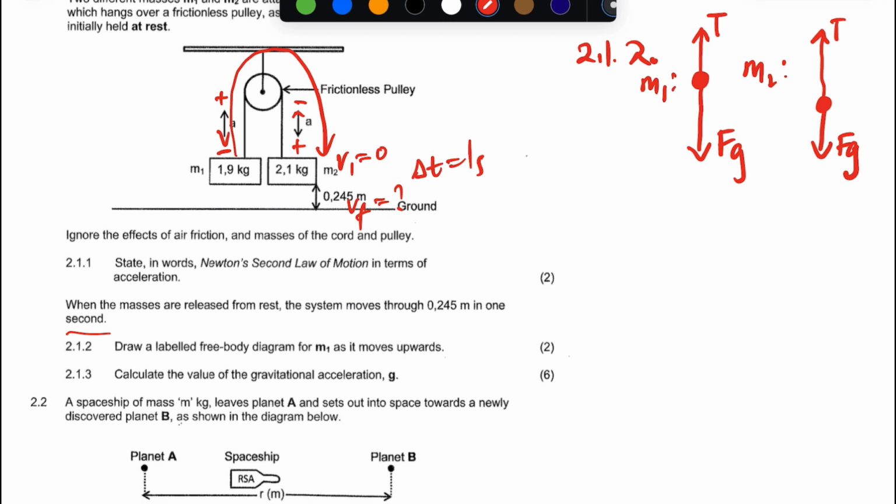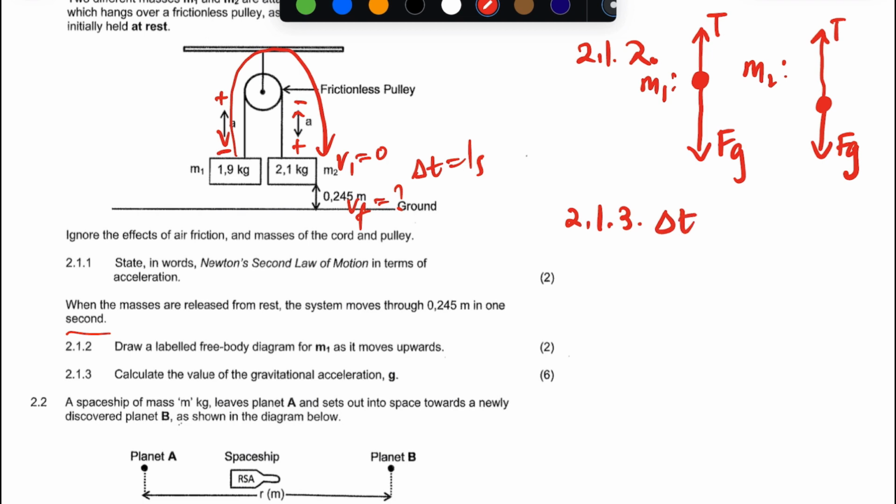Now 2.1.3 says calculate the value of the gravitational acceleration. Guys, in order to calculate the gravitational acceleration here, we need to know the acceleration of the system first. In other words, here we are proving the gravitational acceleration is 9.8, so we should get the answer 9.8. But the acceleration of the system we have to get first. So how are we going to get the acceleration of the system?